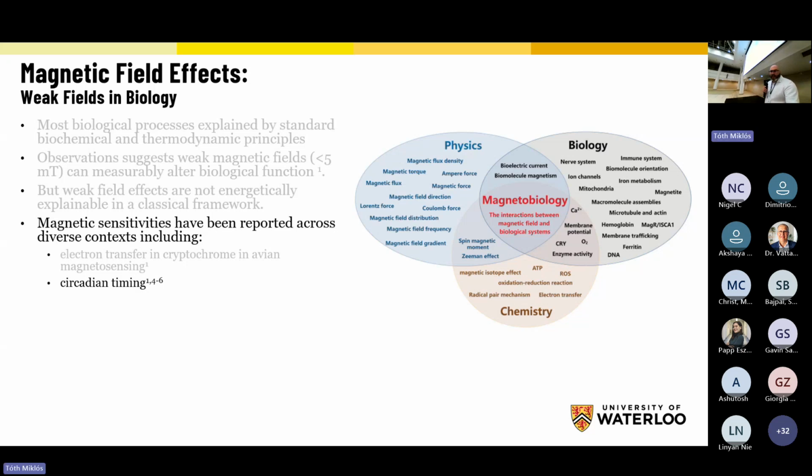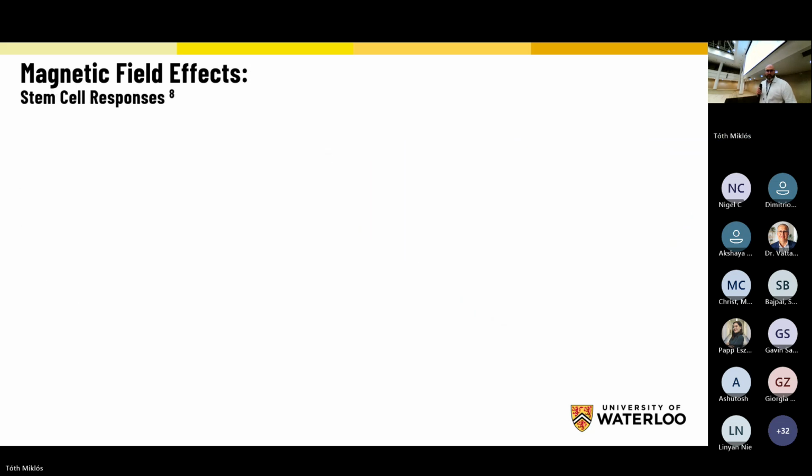Okay, so beyond circadian timing, cellular responses also seem to respond to weak magnetic fields. In general, weak magnetic fields seem to have an effect on observed cell cultures.